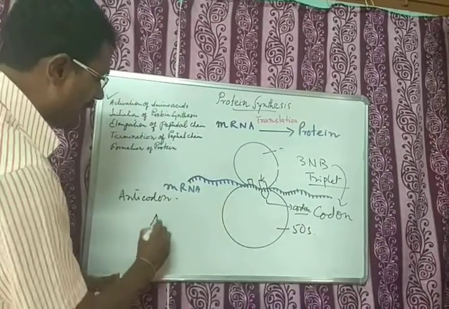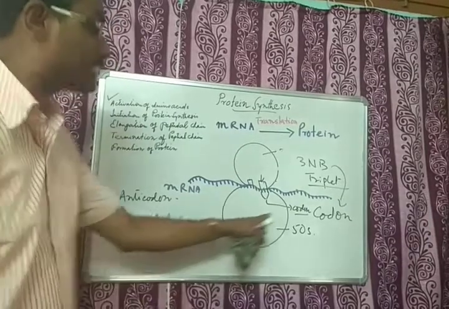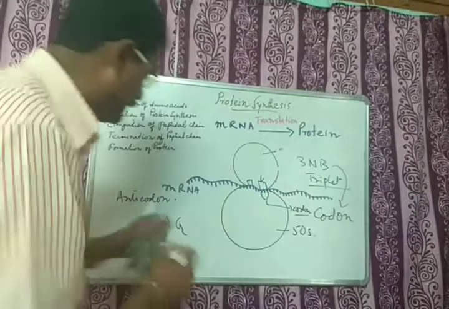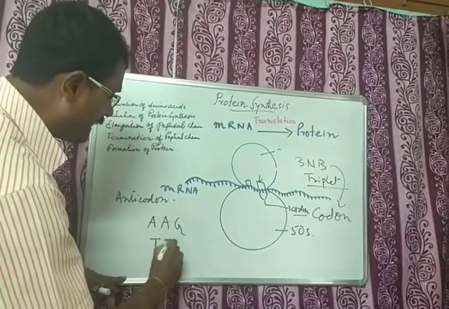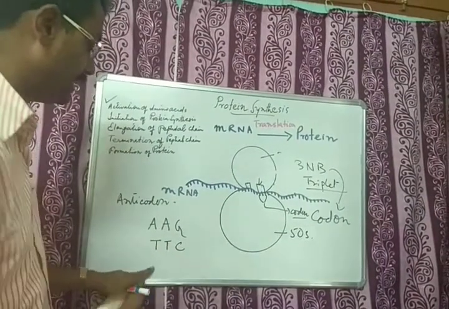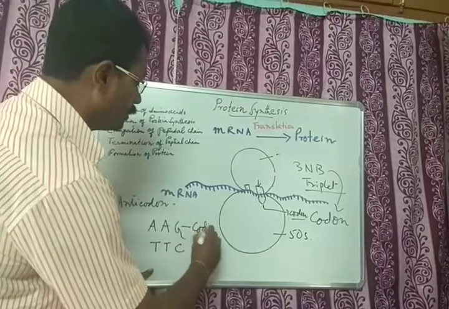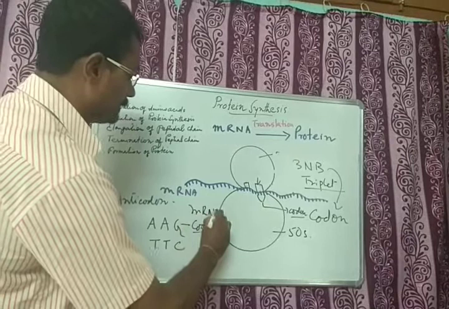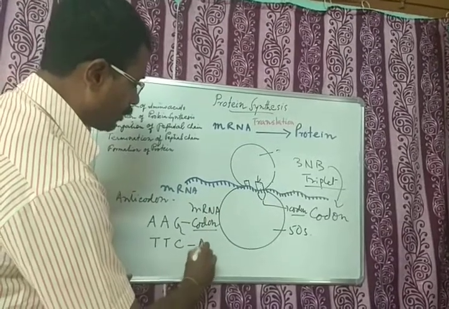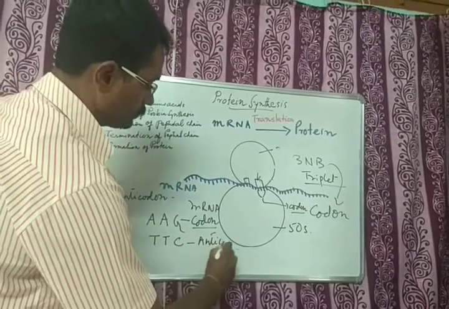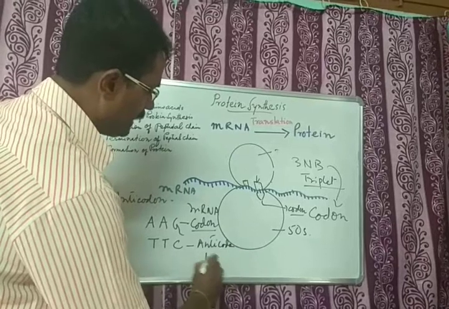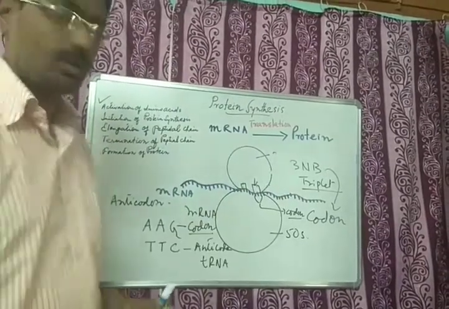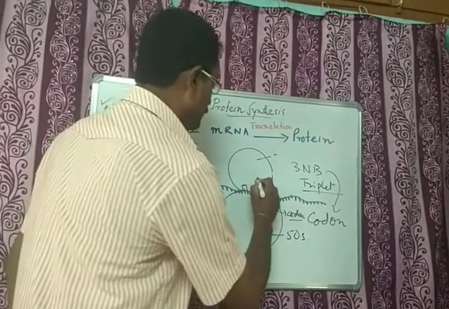Suppose here A, G is there in the mRNA. The incoming tRNA needs to be T, T, C. Can you get it? So this is codon. Why is it present? It is in mRNA. This is anticodon. Why will it be? This will be tRNA. Understood?